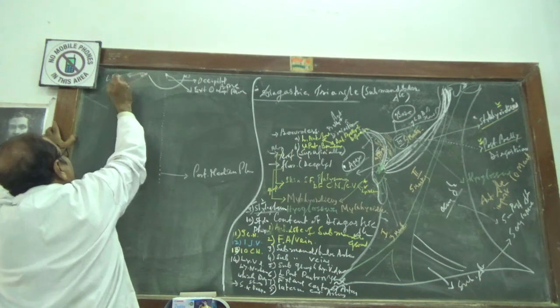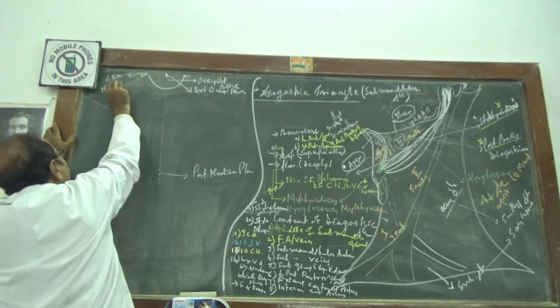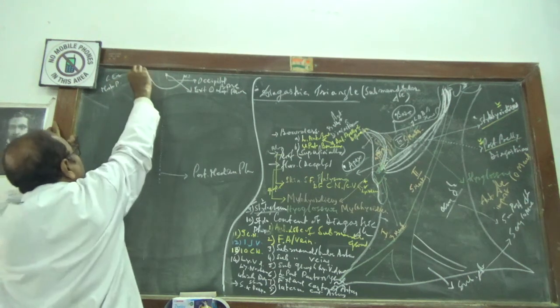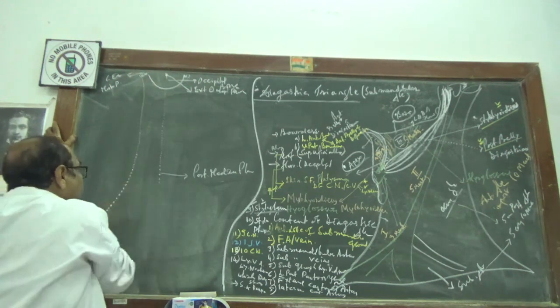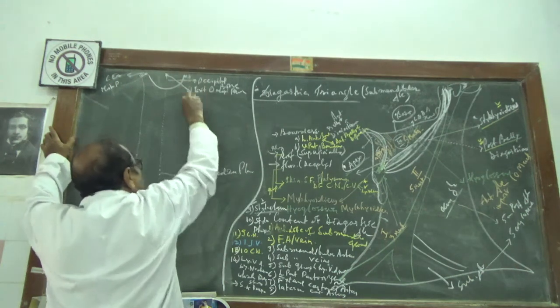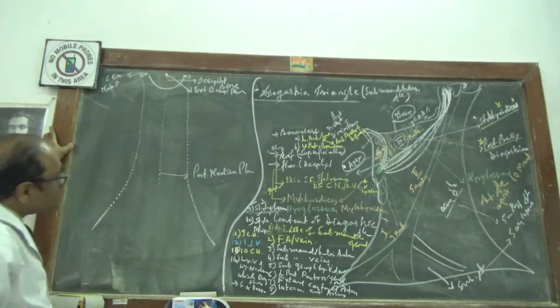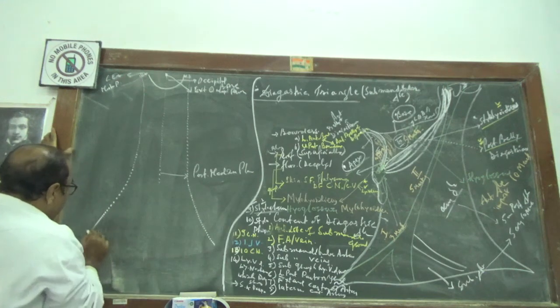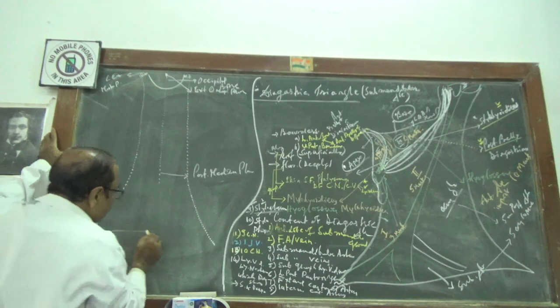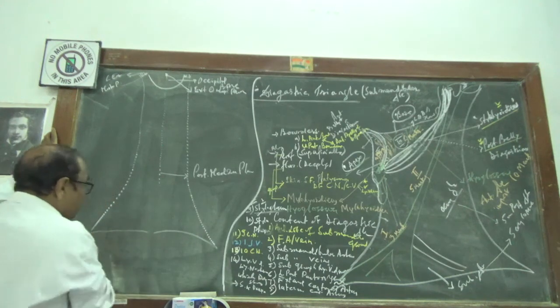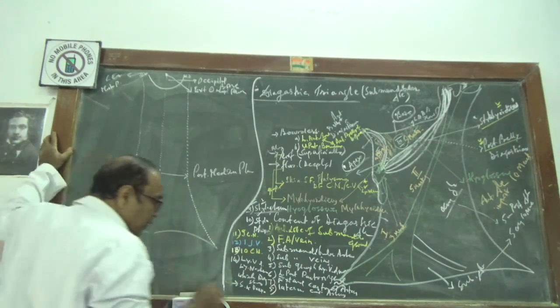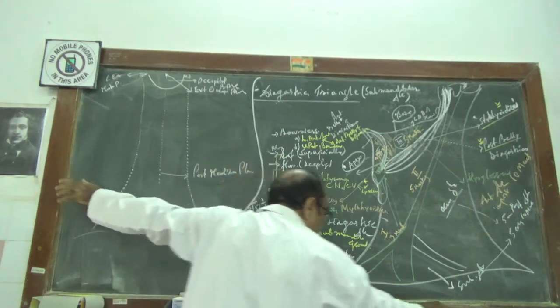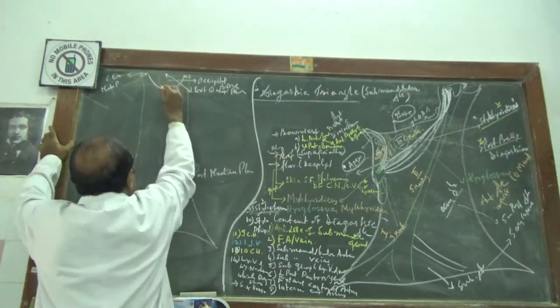This will be the mastoid process. So this is the back part of the neck, where you will get one small triangle.